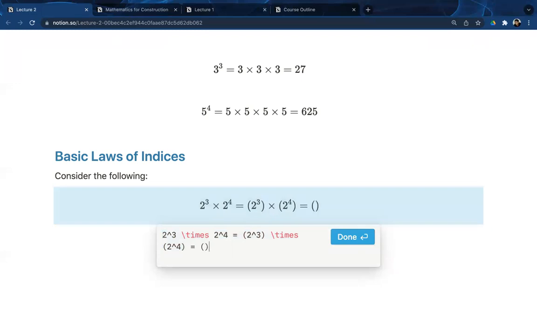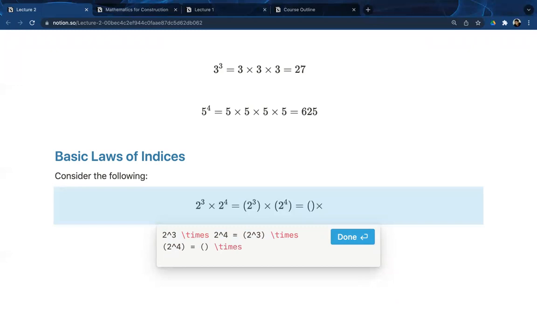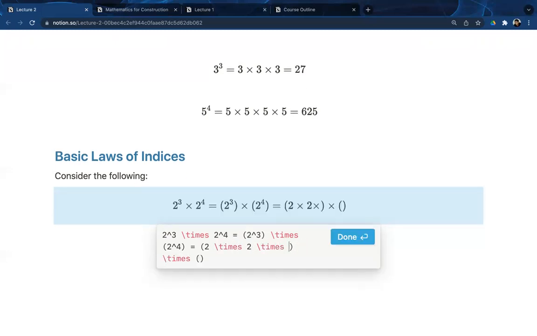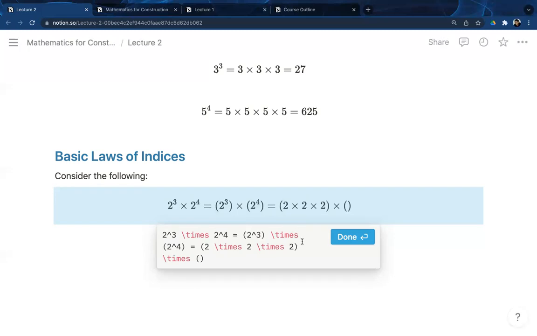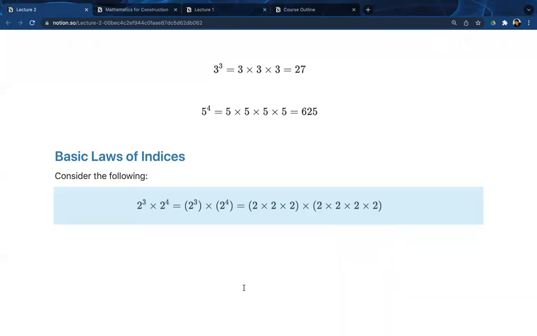2 cubed is 2 by itself. We're not expanding it yet, we're not giving a final answer. 2 cubed is 2 times 2 times 2, and 2 to the power 4 is 2 times 2 times 2 times 2.